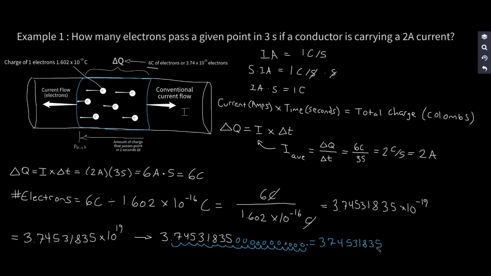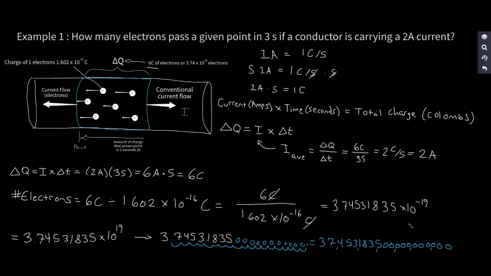374531835, and how many zeros is that? 1, 2, 3, 4, 5, 6, 7, 8, 9, 10, 11.